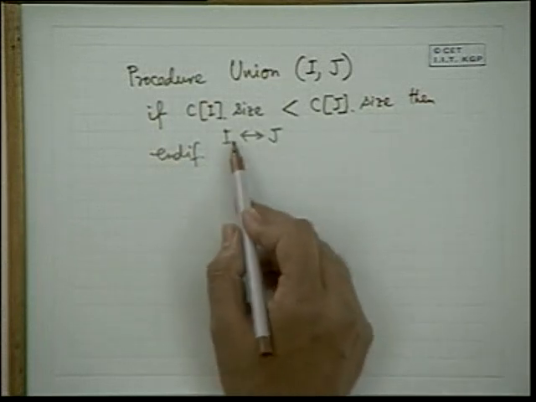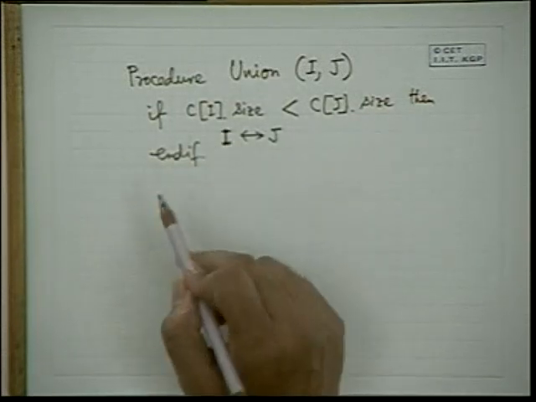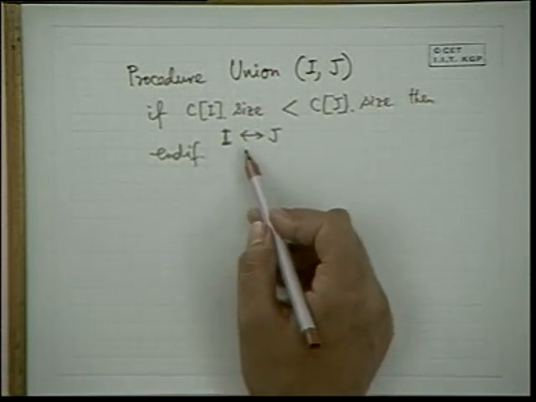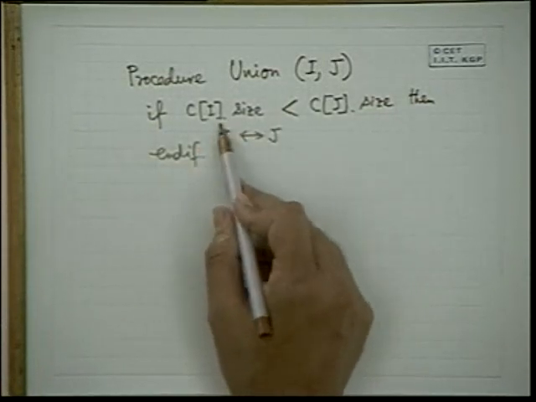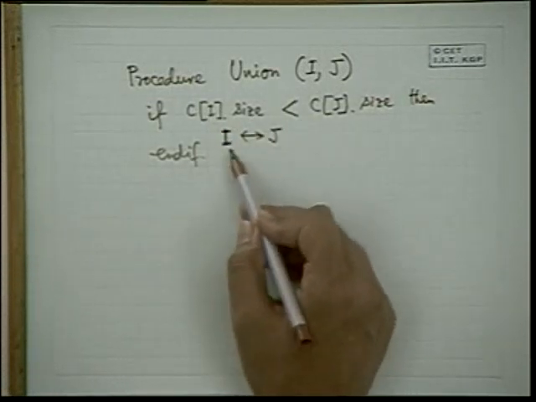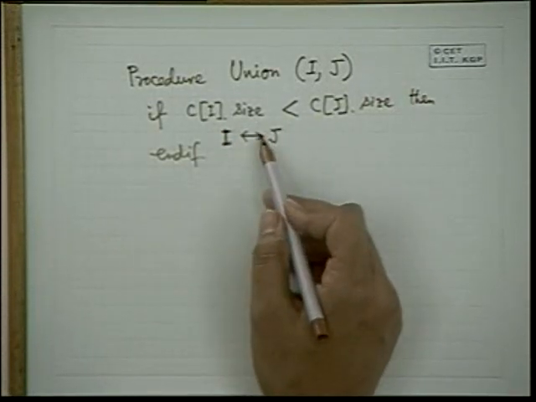So what does it mean? I will always contain the value which is larger, because if Ci dot size is less, then only do this. So I will be larger or equal, all the time.